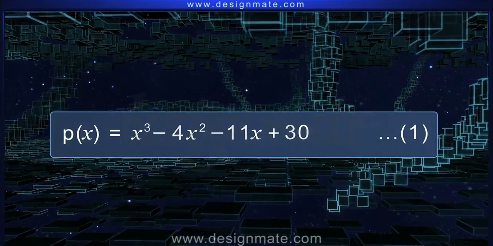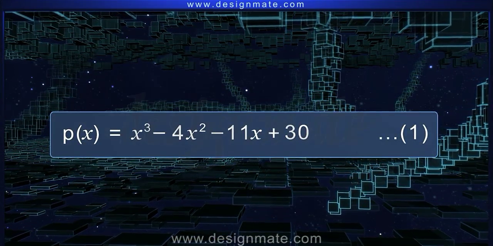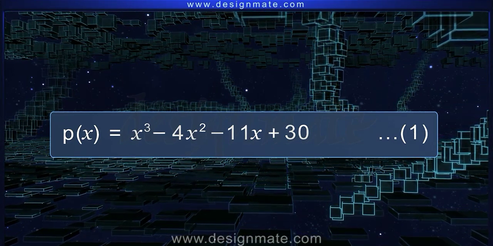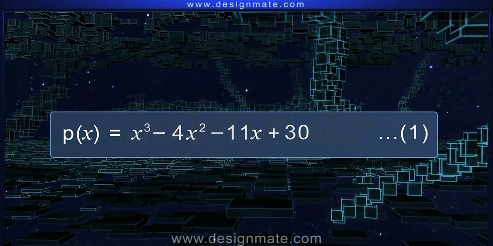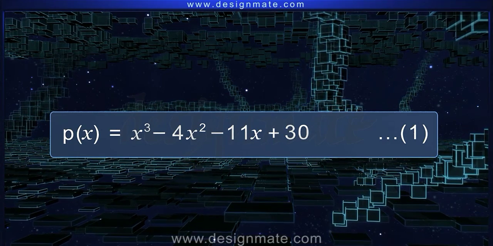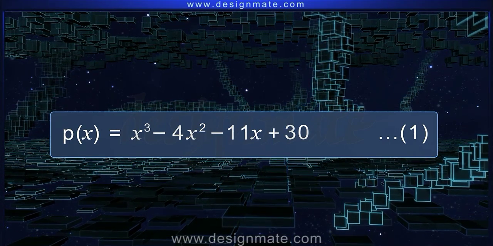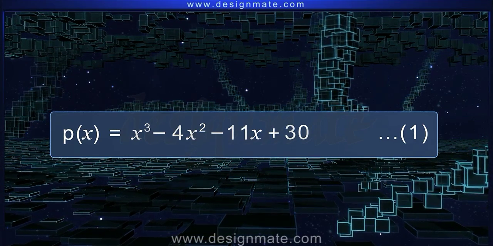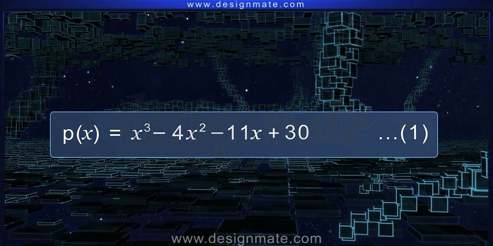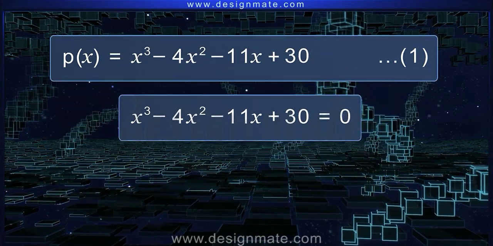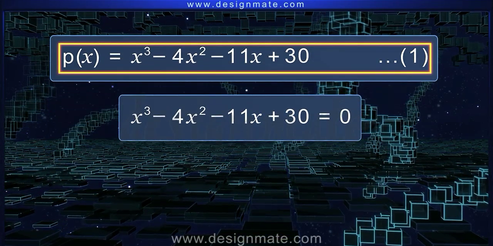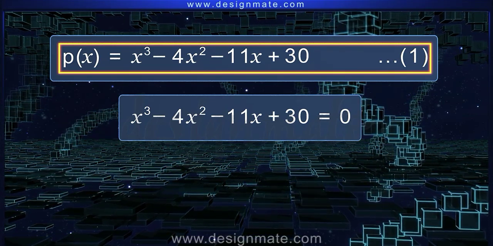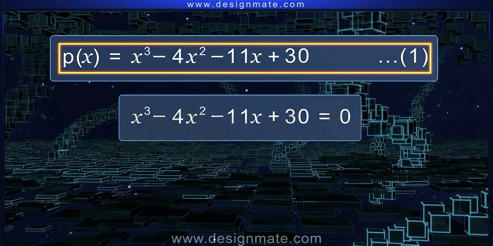Now, let us find zeros of the polynomial p(x) = x³ - 4x² - 11x + 30, equation 1. To find zeros, we have to solve the polynomial equation p(x) = 0. That is, to solve x³ - 4x² - 11x + 30 = 0.